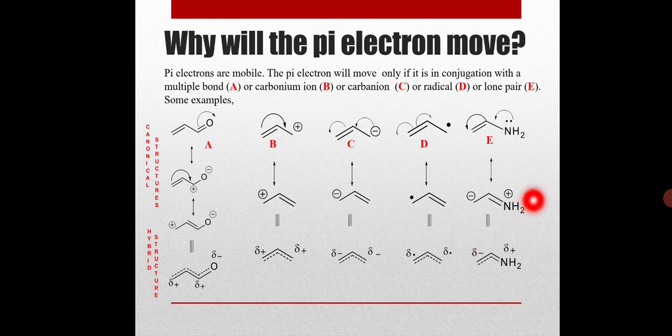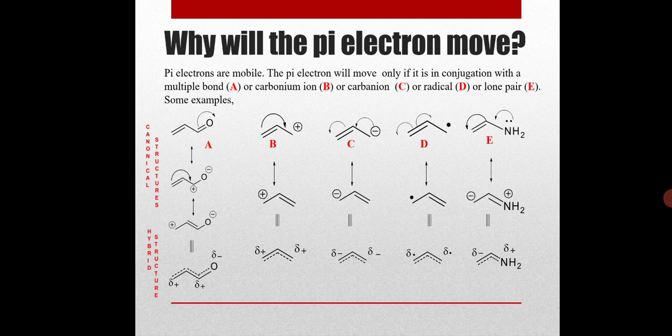The nitrogen in one of the resonance structures is positively charged, so in the hybrid structure it is represented by delta positive, and the terminal carbon gains an electron in one of the resonance structures, so it is shown with a delta negative charge in the resonance hybrid structure.